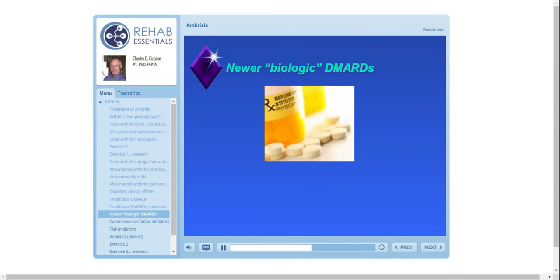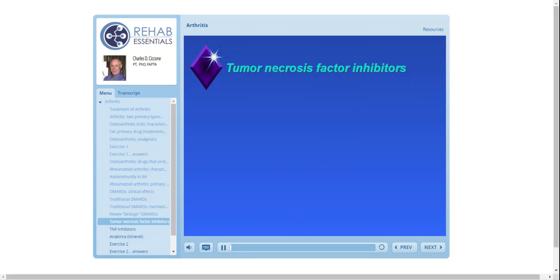Not just quiet the entire immune system, but go after specific components of the immune response that seem to be the most destructive. So we're going to start by talking about drugs that inhibit a very important player in the immune response called tumor necrosis factor. And then we'll talk about a specific drug called anakinra, which inhibits a different component of the immune response.